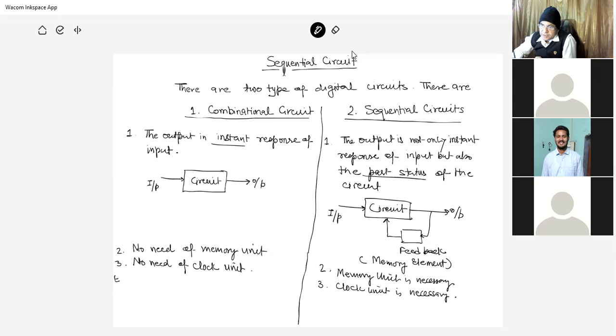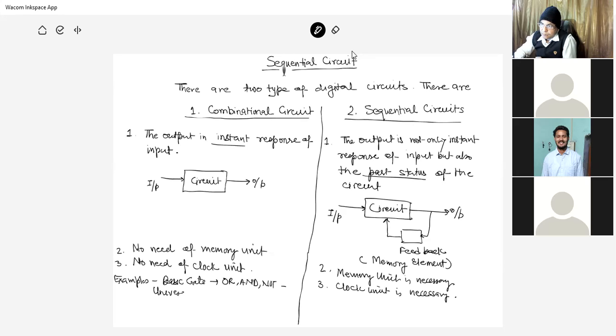Here the examples are first basic gates, something like OR and NOT.